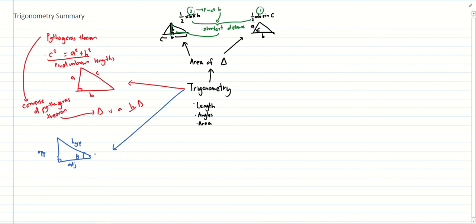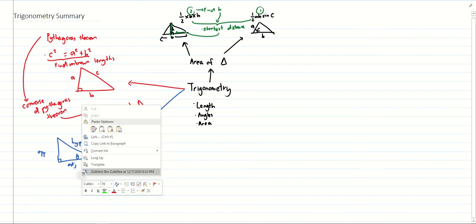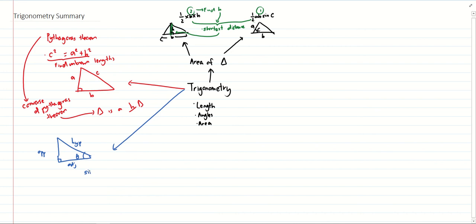So under this we have sine theta equals to opposite over hypotenuse, cosine theta equals to adjacent over hypotenuse, and tangent theta equals to opposite over adjacent. And of course, the main bulk of it is basically to find unknown angles.